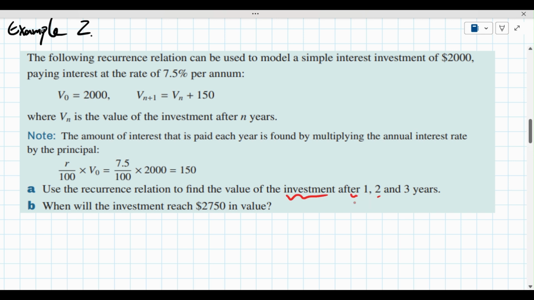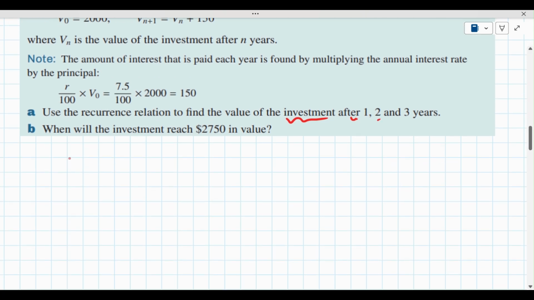I'm going to make some tables later and show you. The initial value is $2,000, and each year you add on using V(n+1) = V(n) + 150, your principal plus your interest.